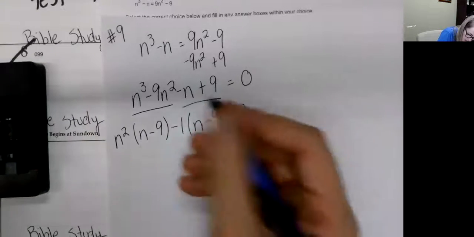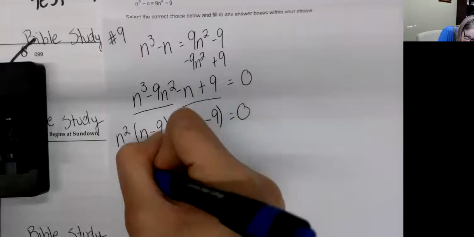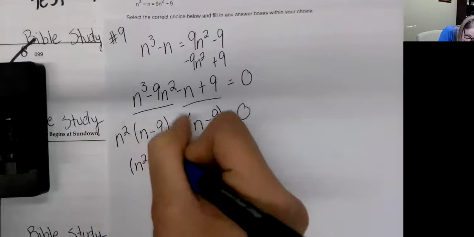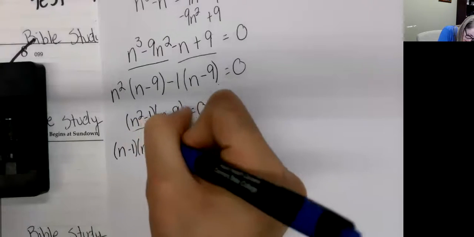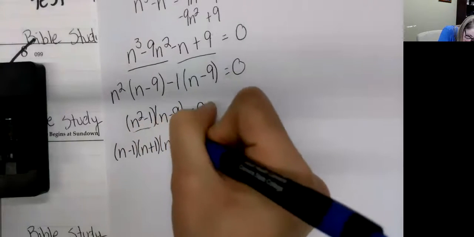Then I'm going to clump these two together, so I'd have n squared subtract 1 times n subtract 9 equals 0. This is the difference of two squares, so I have n subtract 1, n plus 1, and n subtract 9 equals 0.